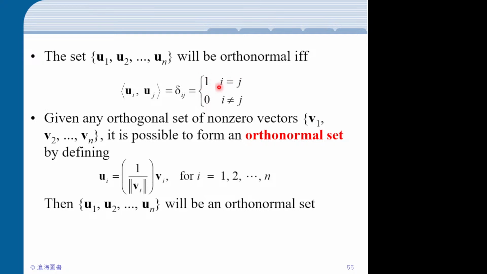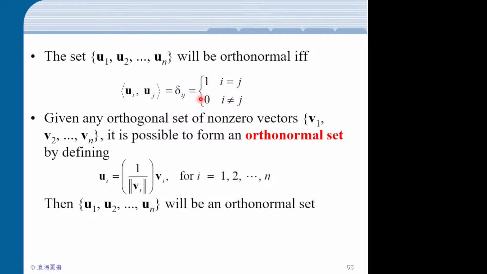So 1 is them being normalized: every vector's inner product with itself equals 1. And 0 is orthogonality: if these are two different vectors, then the inner product equals 0. So this is orthonormal.